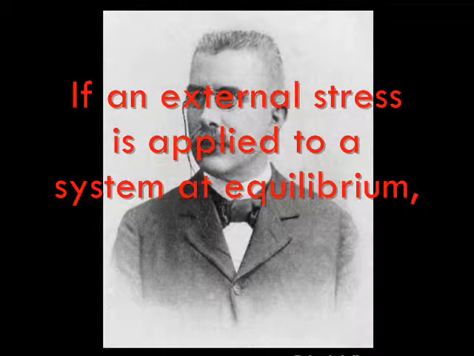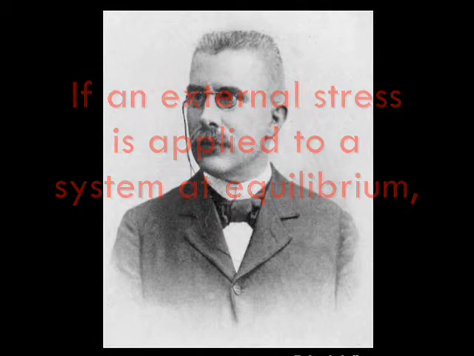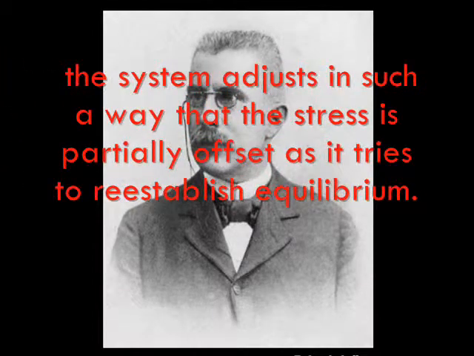There is a general rule that helps us predict the direction in which an equilibrium reaction will move if there is a change in concentration, pressure, volume, or temperature. The rule, known as Le Chatelier's principle, named after the French chemist Henri Le Chatelier, states that if an external stress is applied to a system at equilibrium, the system adjusts in a way that the stress is partially offset as it tries to re-establish equilibrium.